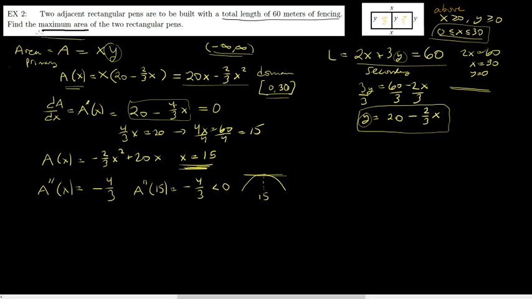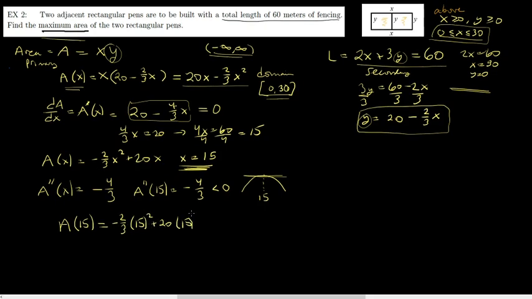We are maximizing the area here, right? So what is the maximum area? Well, just plug 15 into the original area function. So you get negative 2/3 times 15 squared plus 20 times 15. Sorry, it's the stylus.